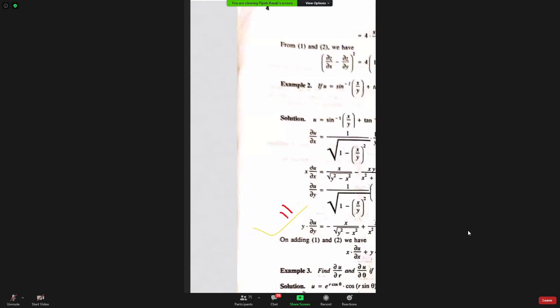Tuesday and Friday at 12 o'clock will be my timing. This is what we know so far from the authority. Right? I'll send you the book after some time, and you practice from it how to find the partial derivatives.